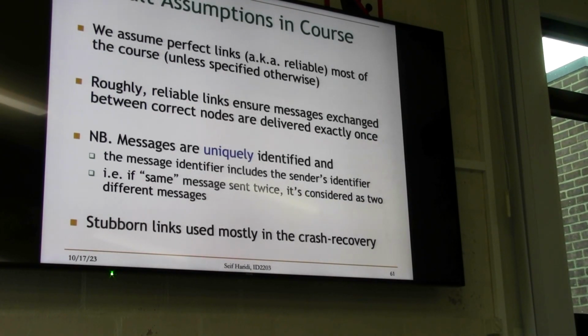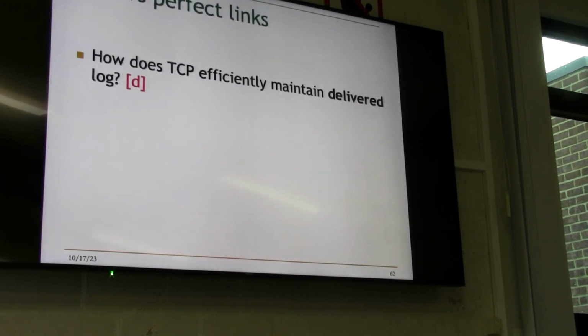Final point, stubborn links are not as useless as you might think. They can actually be used in crash recovery. Okay. So a little bit of discussion. What I just showed you is a very abstract thing, this perfect point-to-point links.